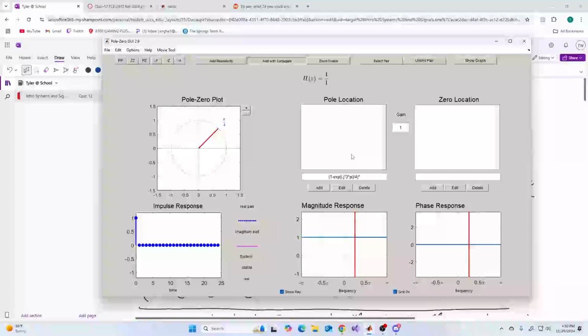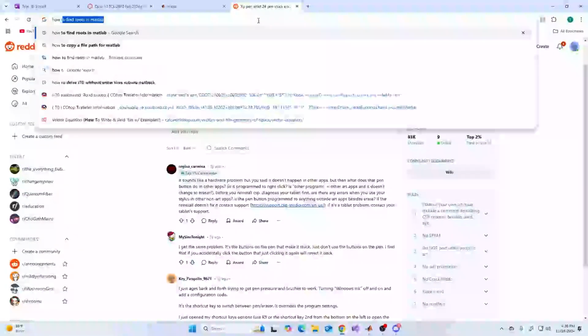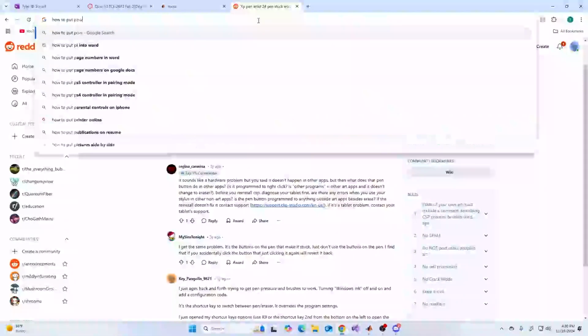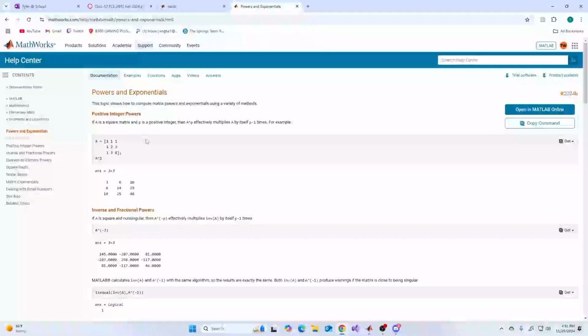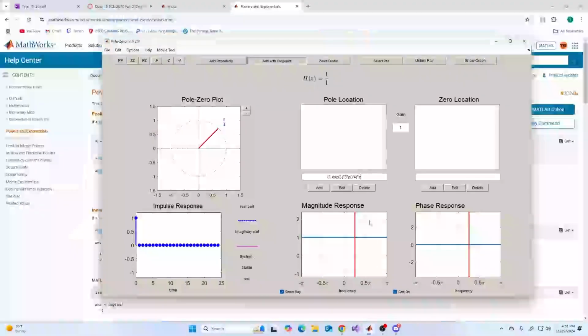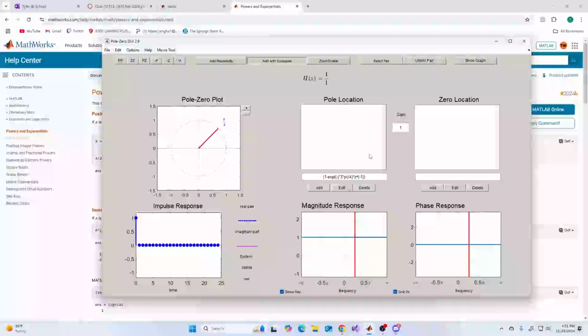Times, where we said this was z to the power of -1. I don't believe you just put pow. I forgot, sorry. Yeah, it's just the power of z to the power of -1. Close that off. I have this times. Well, let's just add it, see what happens.